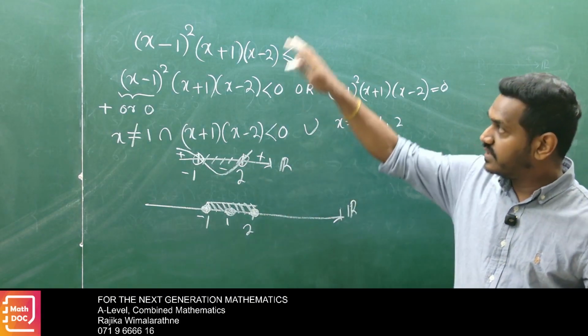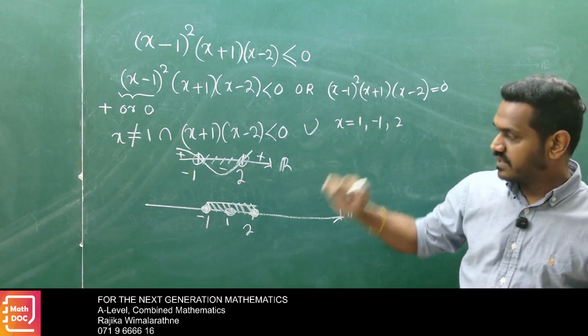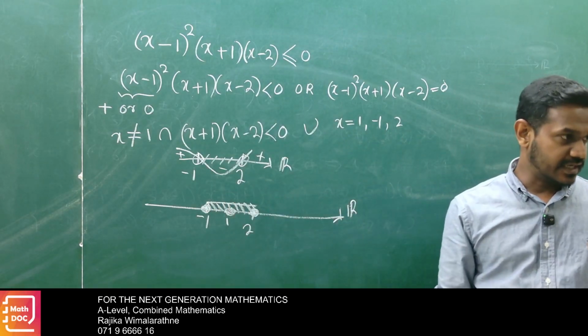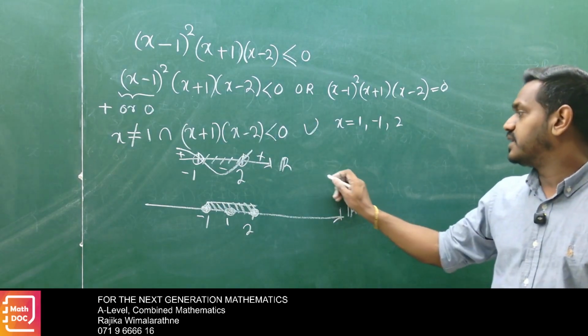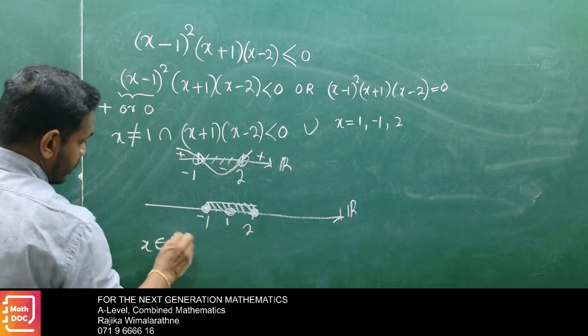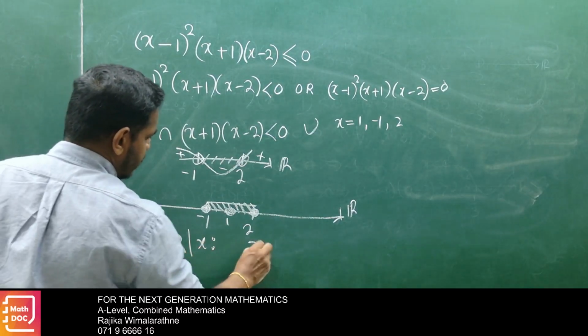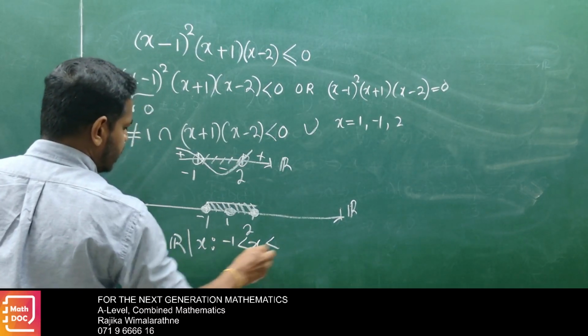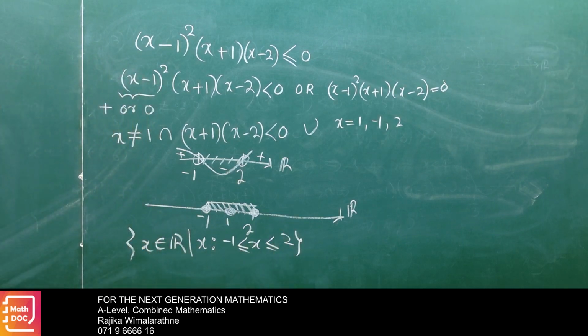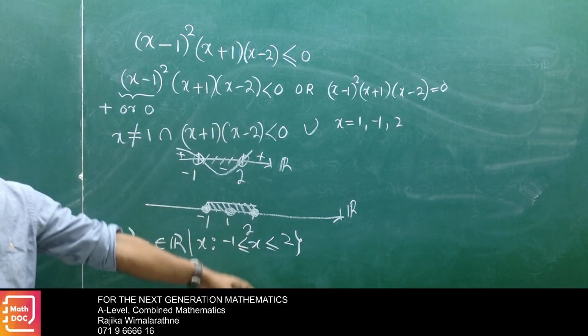Then finally, for this inequation with equality, we can get the shaded region. Then the final answer: x is an element of the real set, x such that x is in between minus 1 and 2 with the equal sign. Okay? Do it now.